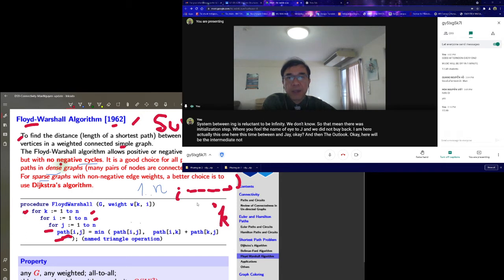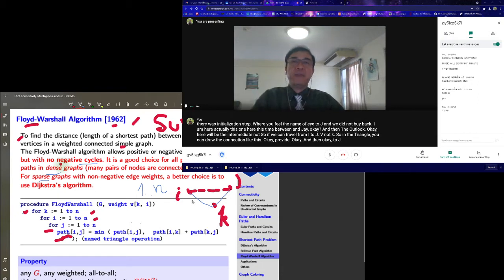So if we can travel from I to J via K, in the triangle here you can draw the connection like this, from I to K and then from K to J. If there exists a connection from I to K, then you can get this information from the assumption or from the input of the algorithm, namely the weight.